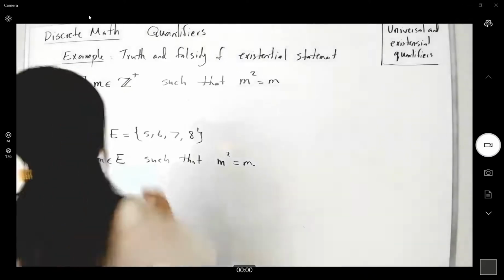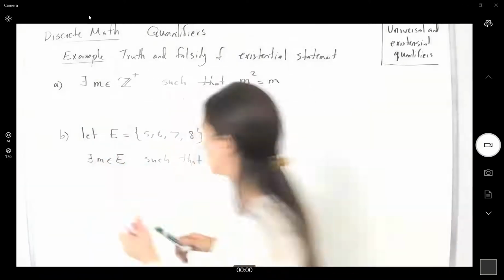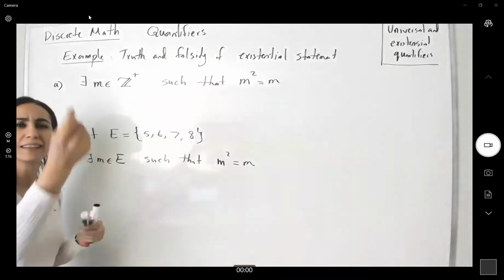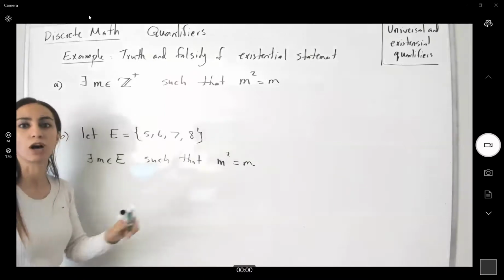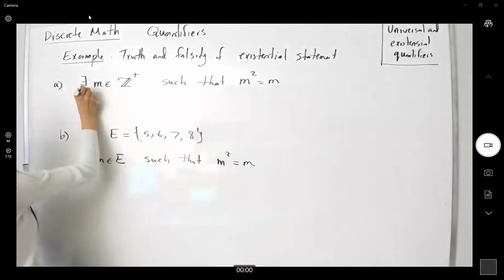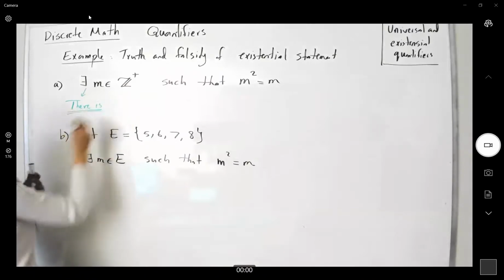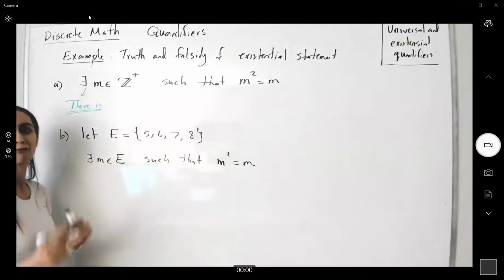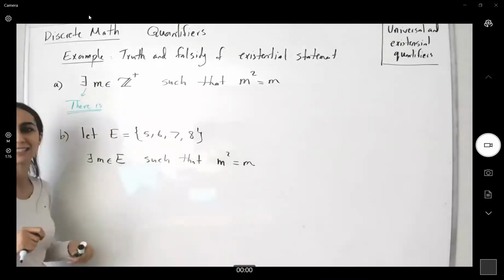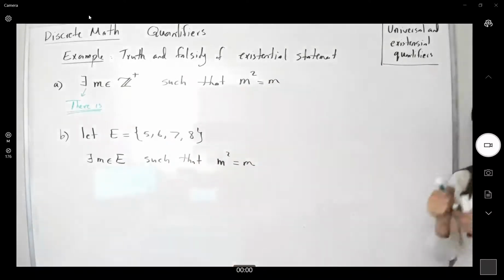Since they have an existential quantifier, it says there is at least one element. If you find that element, you're done. That's enough. Can I find at least one number in the set of positive integers that satisfies this relation? Of course.